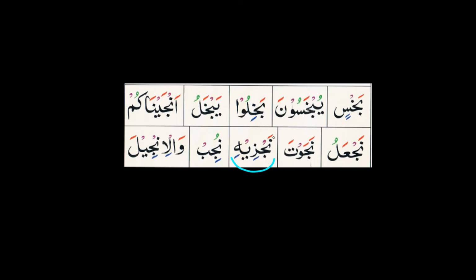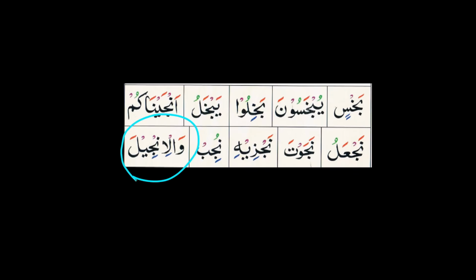Next, we have noon fatha, jim sukun naj, with a bit of qalqala on the jim, naj. Then za or zay, kasra, ya sukun zi, so long vowel, naj, zi, and then ha, kasra, hi, najzihi. Next, we have noon, dhamma, nu, jim, kasra, ba sukun jib, ba qalqala jib, nujib.